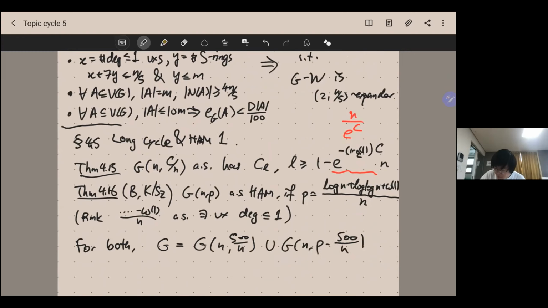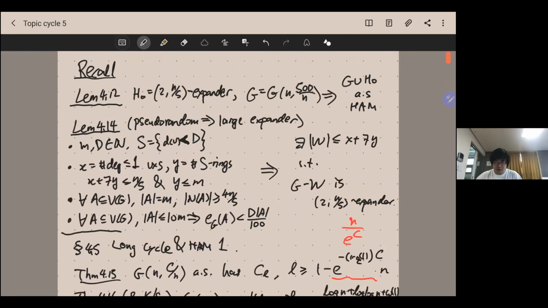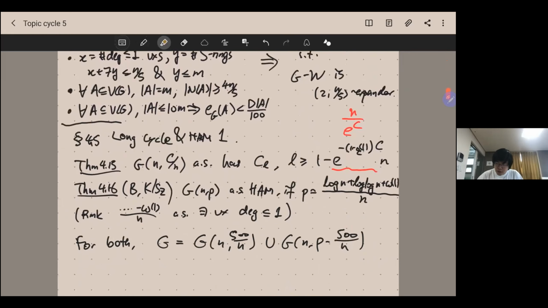You split out a little bit for this guy to do the sprinkling afterwards. And all we need to do now is to find an expander here, right?